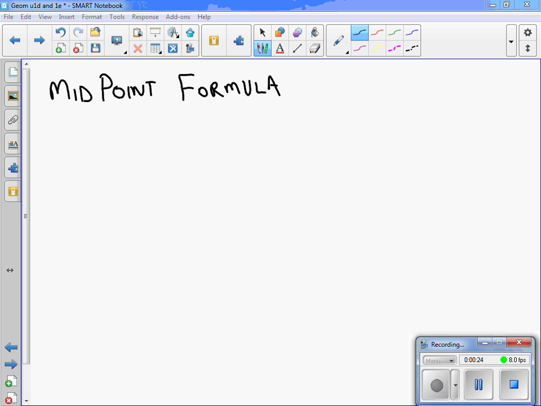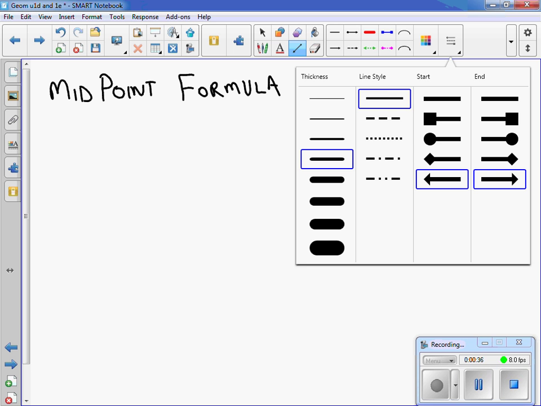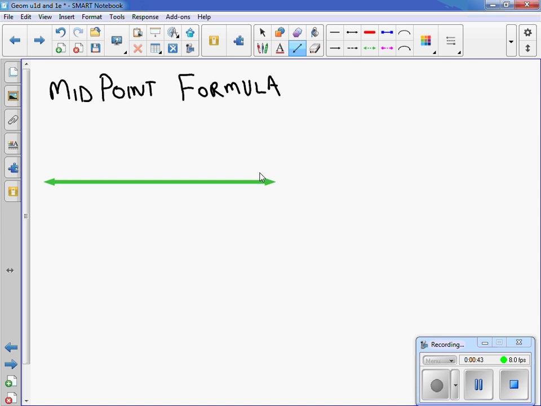There's a midpoint formula we use just between 2 points on a number line, like so. So we have a number line, and we have our 0, and we have our point B and a point A. The way we find the midpoint between these 2 points is to use the following formula.